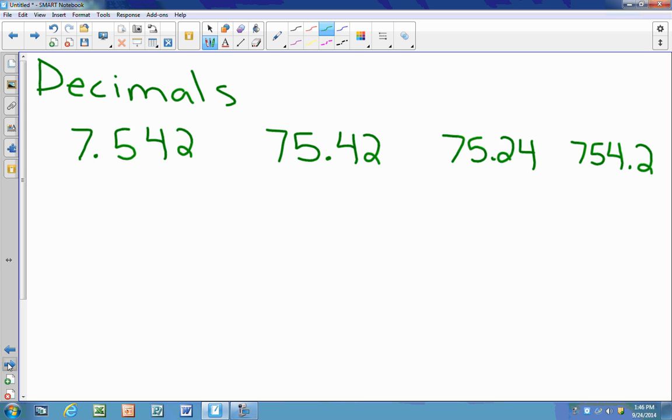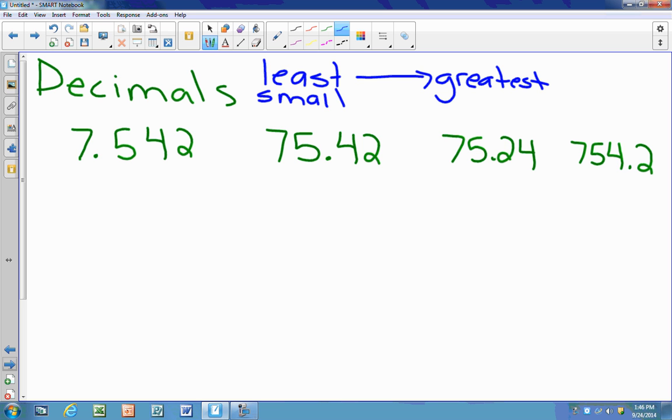Now, when we are putting our decimals in order, before we said it could say least to greatest, which would be smallest to biggest, or in ascending order. So in this case, I line them all up. I'm going to erase that and give more room for it.